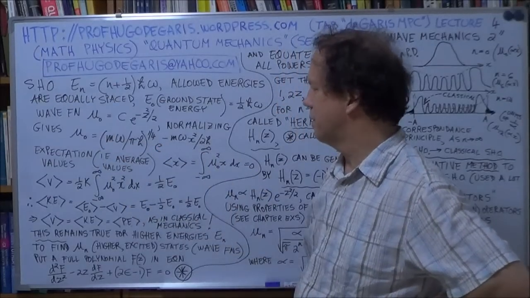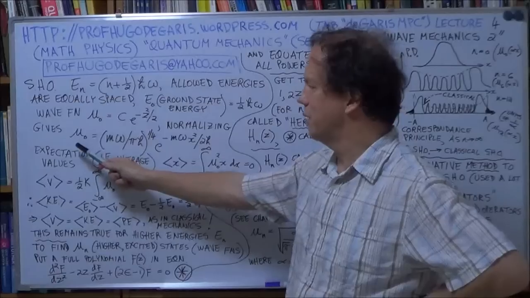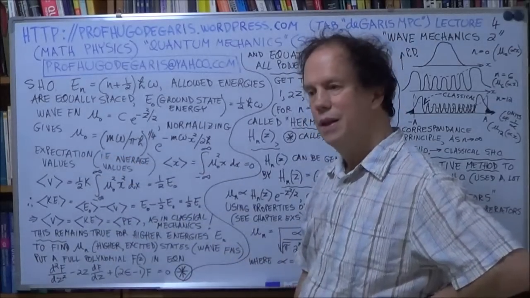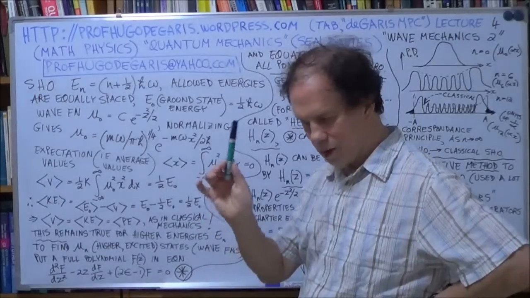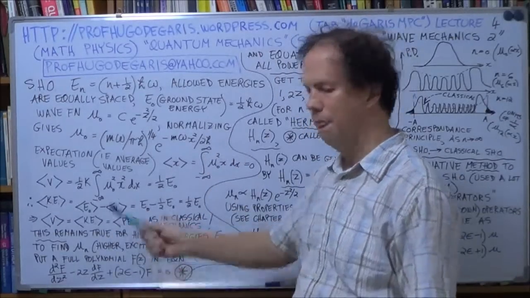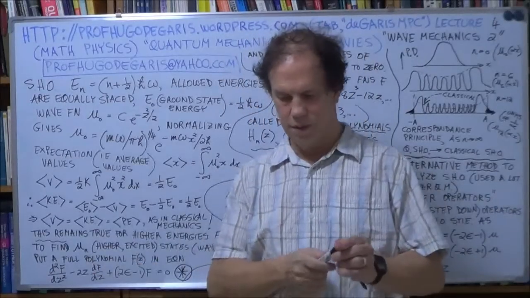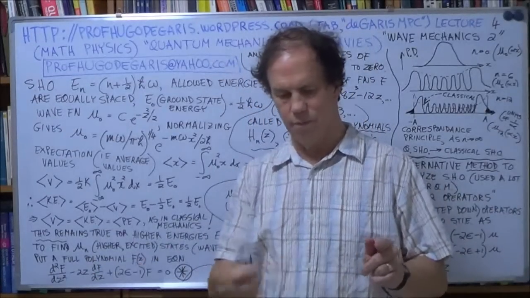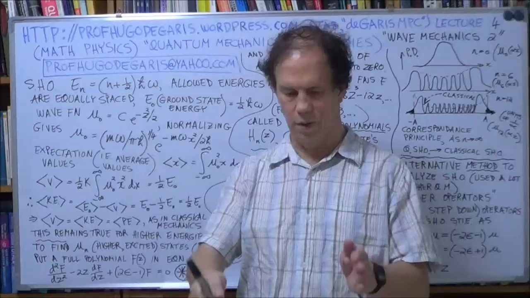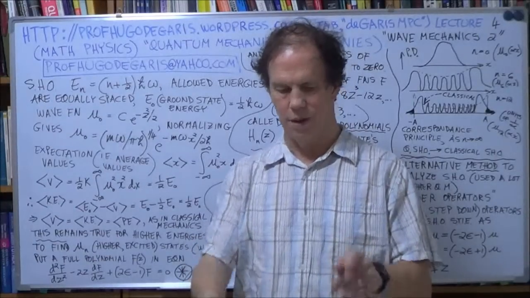So now we can start using this. If we square it, we get a probability density, and if we have the probability density, we can calculate average values of various things. For example, say some quantum system's oscillating like this, between amplitudes, minus A and A or whatever.